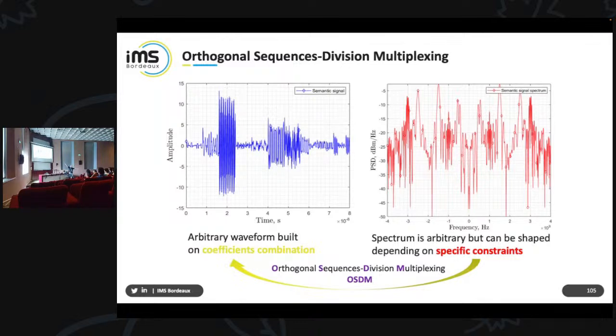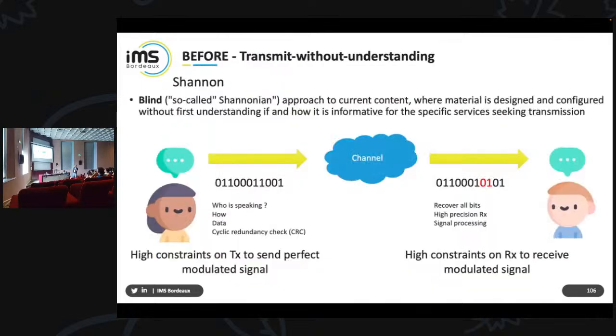We don't respect everything. We violate the spectrum completely. But the information which is carried uses the Walsh transform. This is what we call the OSDM modulation. We just invented it 6 months ago. Like OFDM, we have OSDM. And why? It's exactly what you know, Shannon. Shannon said, let's put the whole pressure on the transmitter to get the 0 and the 1 perfectly.